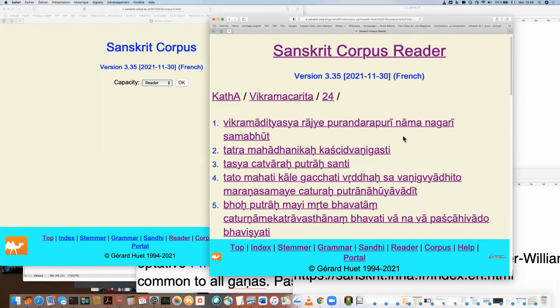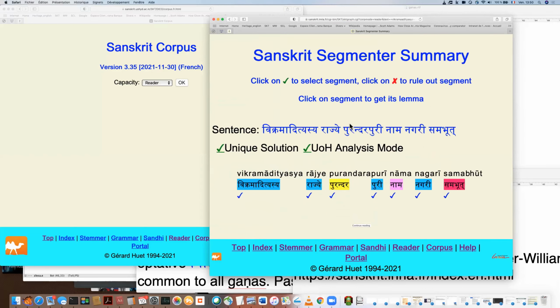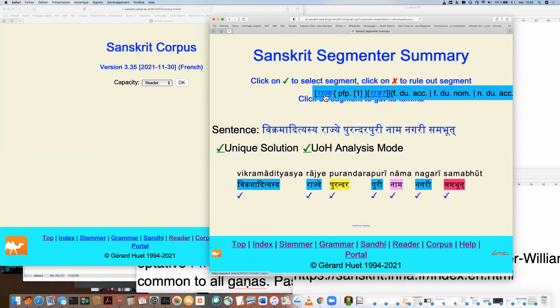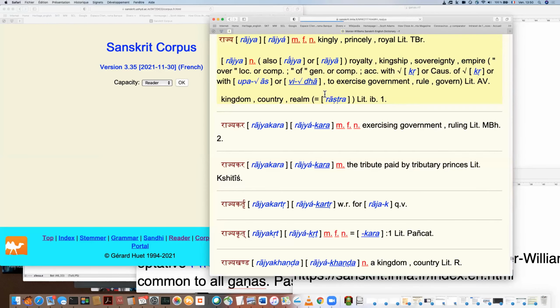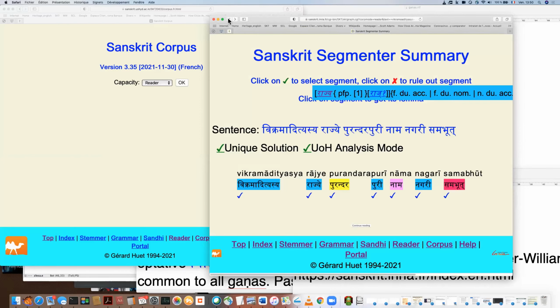I should give the choice of a parameter, but now when you click on the sentence, then you see it in Devanagari. Yes, all the padas are listed in Devanagari. And when you click on the links, you get access to the English dictionary. Okay, so this should be less confusing.